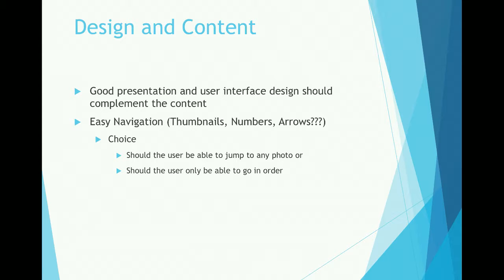It's just what's the best way to present the information. For example, if you show the thumbnails, it allows the user to jump from slide to slide wherever they want. But you might have intended it to be much more of a linear narrative story, and then that kind of gives it away.